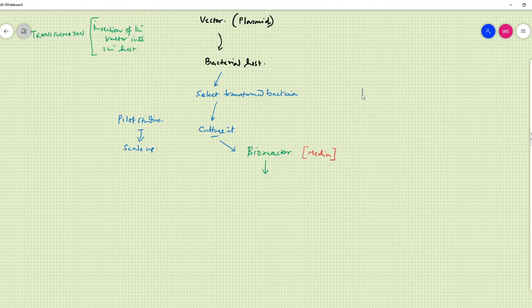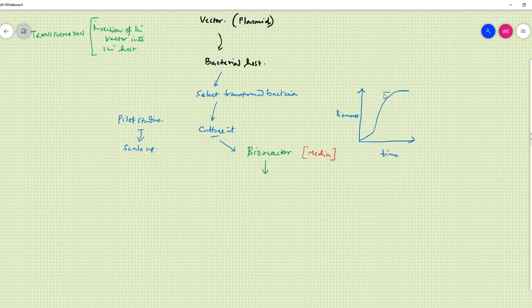So if we look at the growth curve of a bacteria in a new environment, there is initially a slight growth like that, and then it reaches exponential growth. So this is with time, and this is the biomass, number of bacteria. So initially it gets adjusted to the new media. Then there is exponential growth followed by a flattening of the growth curve.